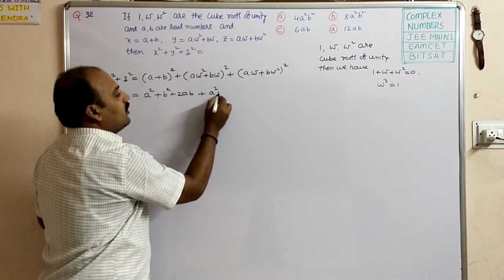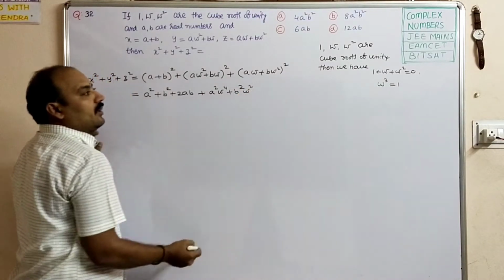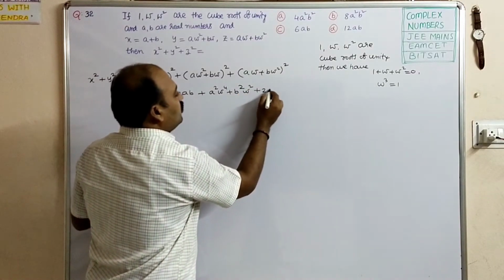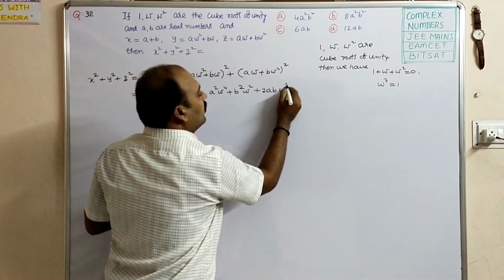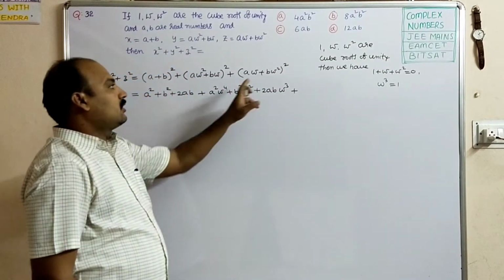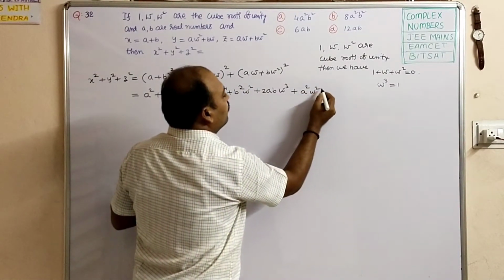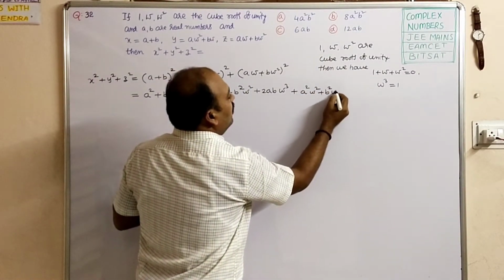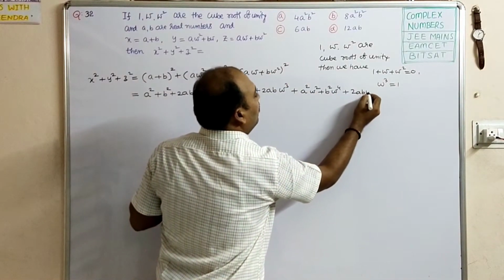So a square omega power 4 plus b square omega square plus 2ab into omega square into omega cube plus, come to this one, a square omega square plus b square omega power 4 plus 2ab into omega cube.